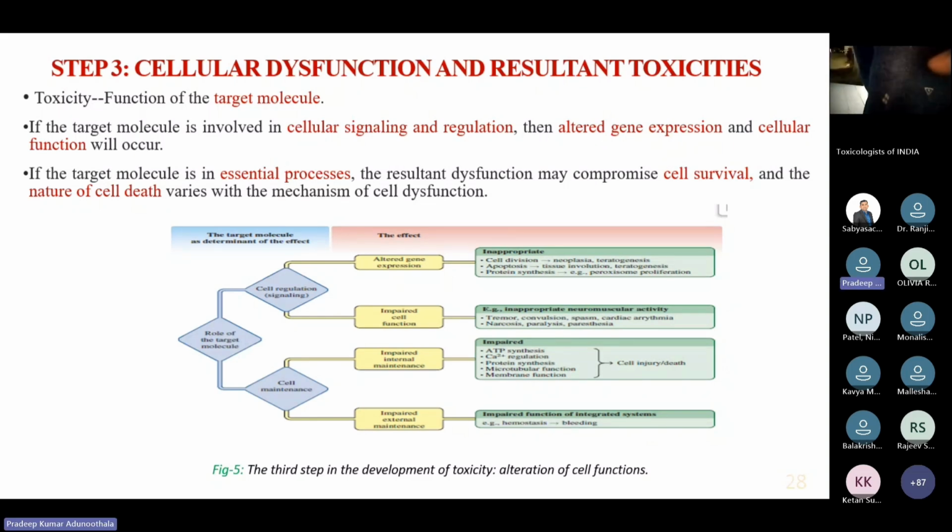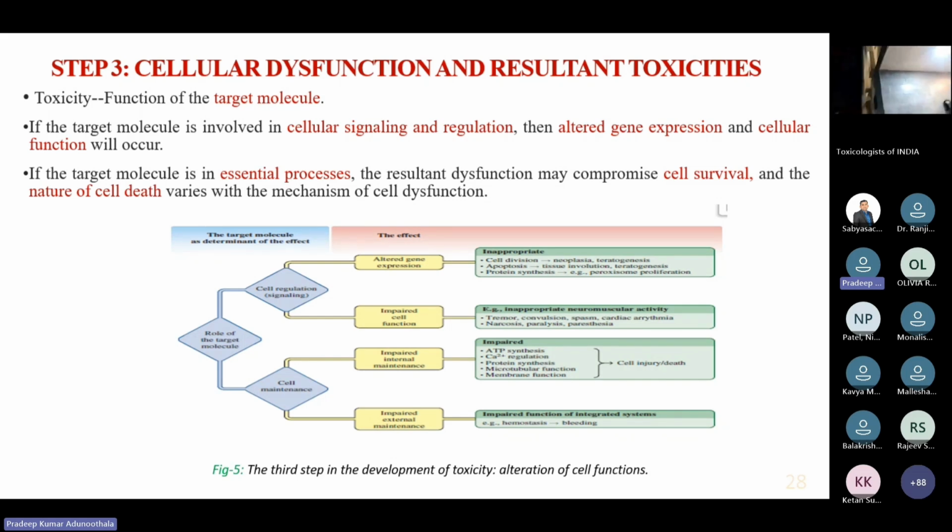Then coming to cell maintenance, if the target molecule's role is in cell maintenance and the chemical binds to the target molecule, that leads to impaired internal maintenance of the cell, that is impaired ATP synthesis, calcium regulation, protein synthesis, microtubular function, as well as membrane function in the cell.